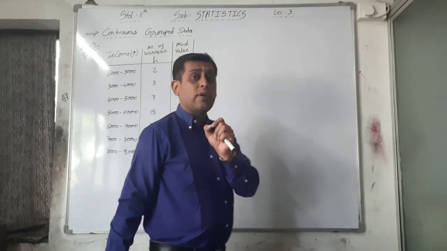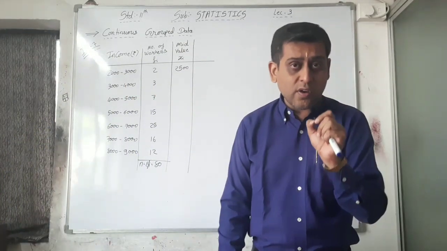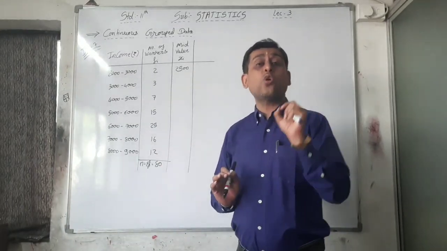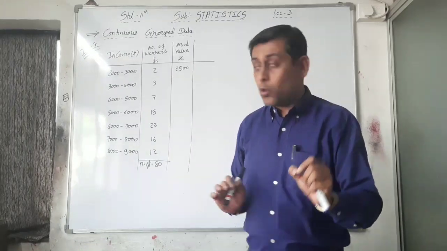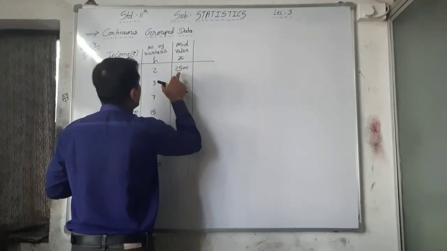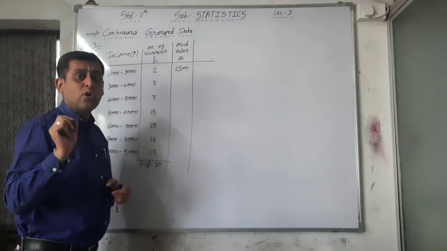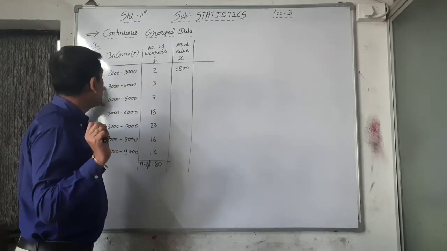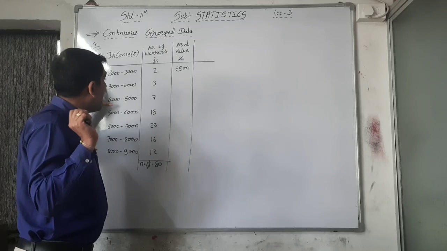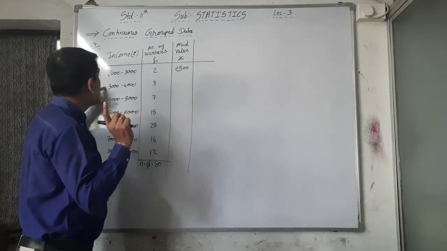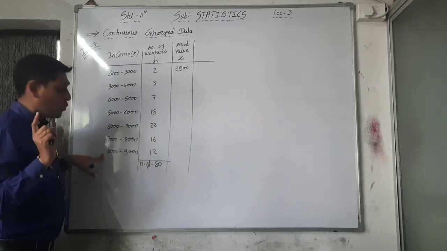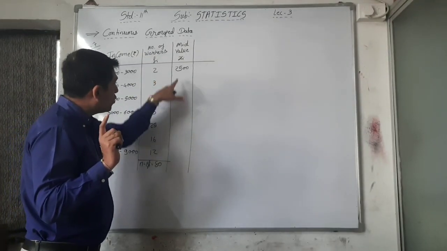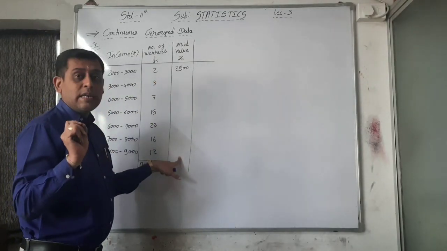The difference is equal. Whenever the difference is equal, the mid value difference is also equal. So when you have written 2500 as your first mid value, then next you don't have to find it again, just add the class interval, that is 1000. You have to add 1000 to this and you get the remaining ones.